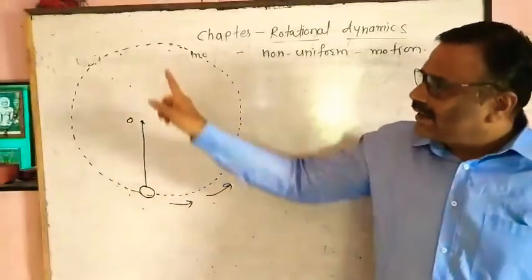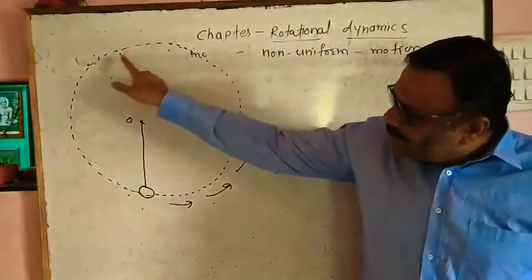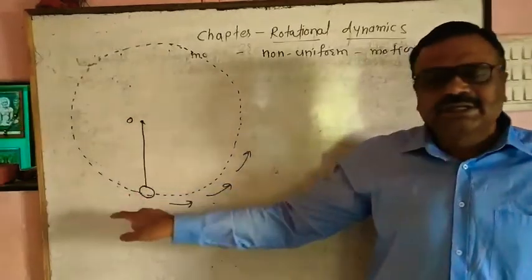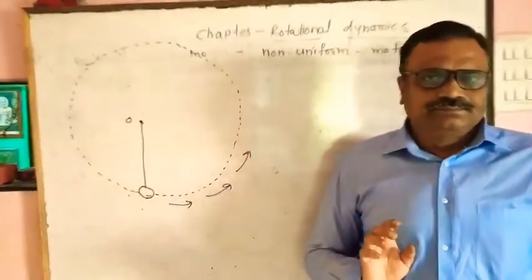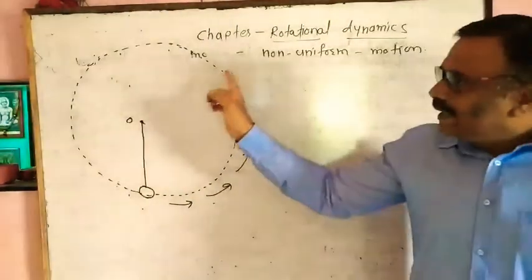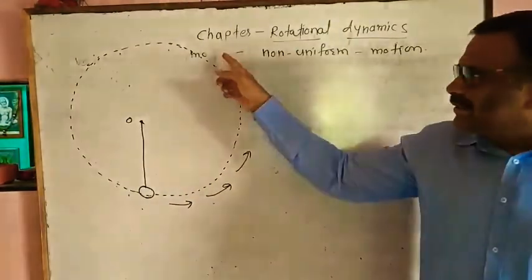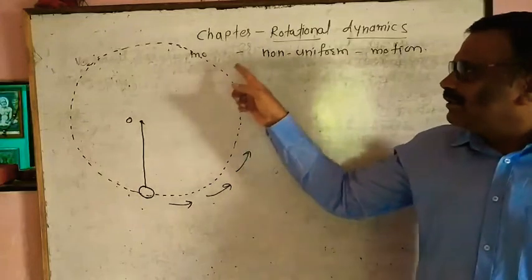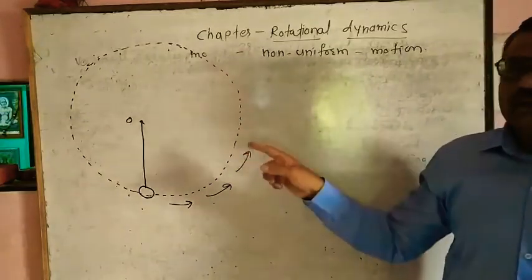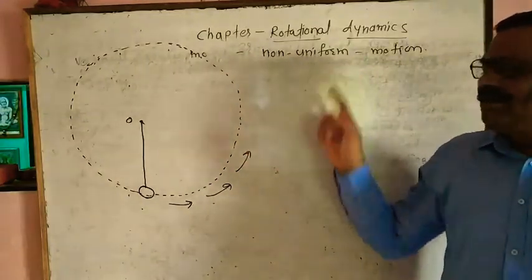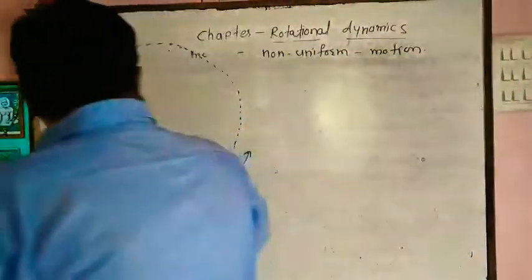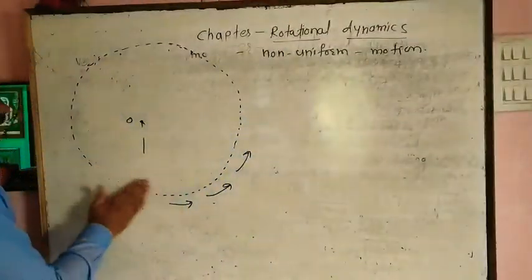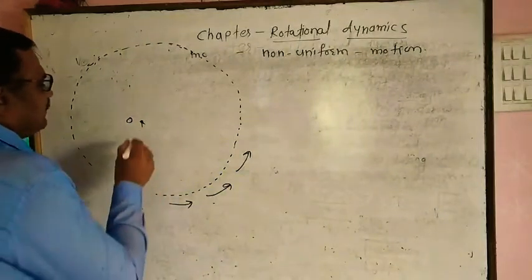On the other hand, when the stone is moving in the vertically downward direction, the velocity continuously goes on increasing. Therefore, this circular motion of a particle in a vertical plane is an example of non-uniform circular motion. Now we calculate the expression for tension as well as velocity.